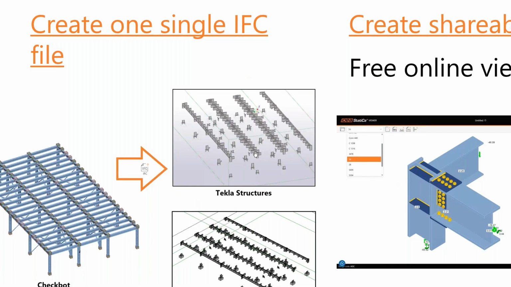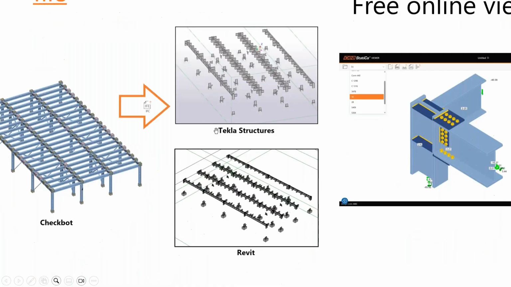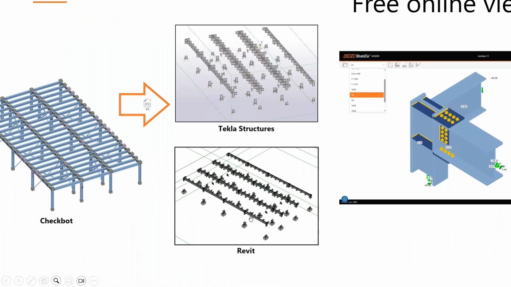So it's basically helping you to coordinate the position of some elements in the structure. Okay. Similar here in Revit, you can overlap the structure that you have without connections and then coordinate the position of the elements in that structure. Okay, so that is one option that you have from Checkbot. Create a single IFC with all the connections in the relative position.